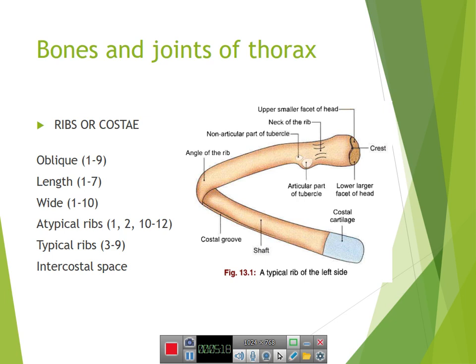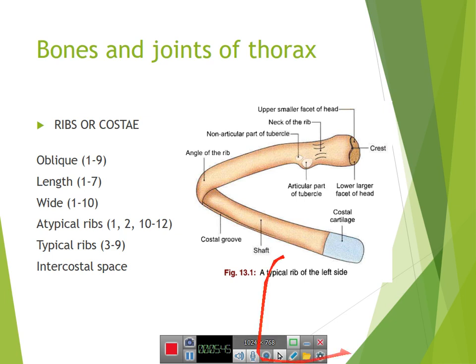The last point about the ribs is that the first two and last three ribs have special features and are atypical ribs. The third to ninth ribs are typical ribs. So we have two categories of ribs: typical ribs and atypical ribs.